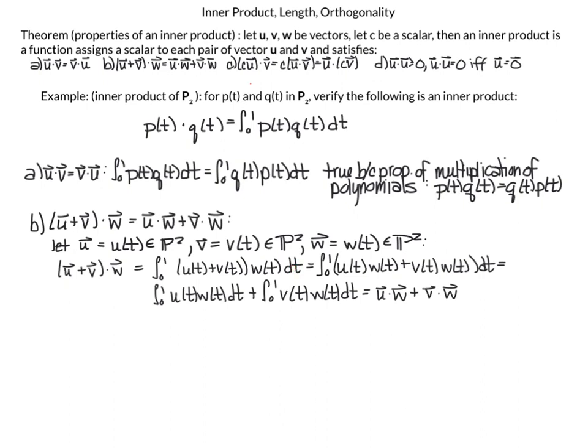And when I do the algebra, I can multiply w(t) times u(t) and then w(t) times v(t). And then again, because of properties of integrals, I can break this up into two integrals. So I have my first integral, 0 to 1 u(t) w(t) dt, and second integral, 0 to 1 v(t) w(t) dt, which is equal to u dot w here, and the second integral is equal to v dot w. So I have proven this second property.